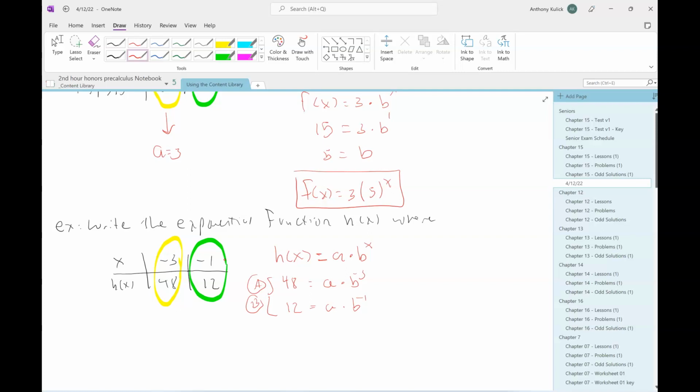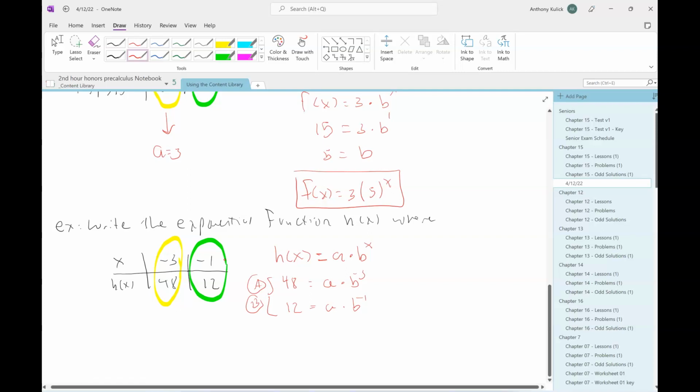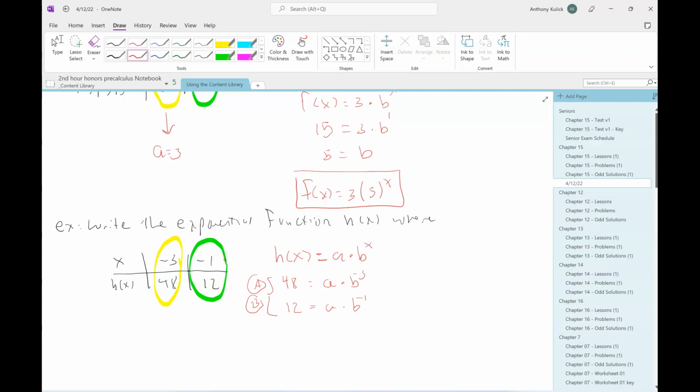What are some of the ways we talked about that we can solve a system of 2 equations? Substitution. What's the other one? Elimination. Those would be the 2 primary algebraic methods we discussed. Either one of them is reasonable to do in this case.